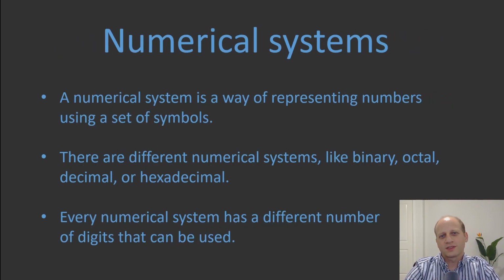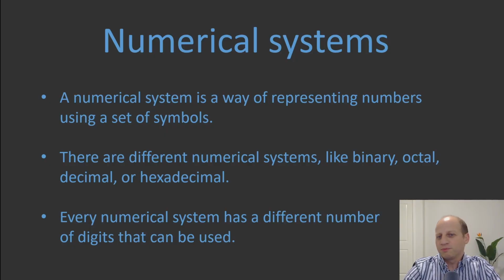A numerical system is a way of representing numbers using a set of symbols. There are different numerical systems like binary, octal, decimal, hexadecimal, while every numerical system has a different number of digits that can be used to build numbers.